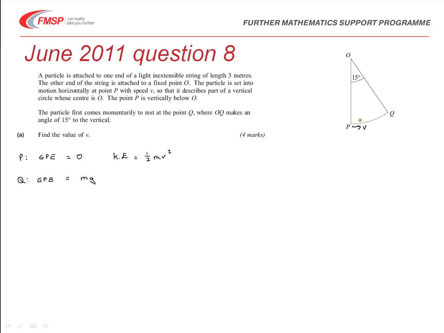Now we've got to calculate the level to which it's risen, so it's risen from here to here. So we know, since this is a right angled triangle where this length is 3, that from O down to this point is 3 cos 15, and from O down to P is 3, so this difference must be 3 minus 3 cos 15 degrees.